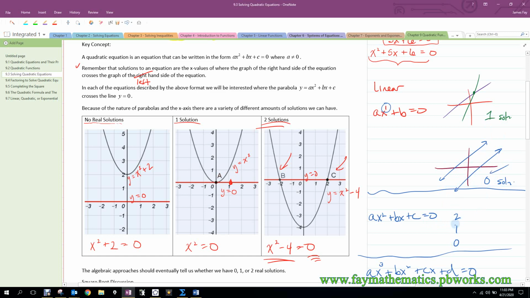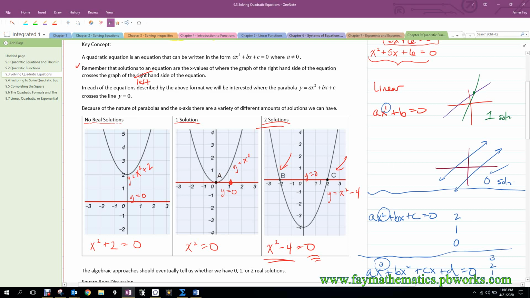If I look at this one, the number of solutions is either equal to it or less than that by an integer. So I could have 2, subtract 1, I could have 1 solution, subtract 1 more, I could have 0 solutions. My hope is you can see the pattern. When I have something cubed, or to the 3rd power, that equation could have 3 solutions, 2 solutions, 1, or none. So that'll be a pattern that you investigate down the road.